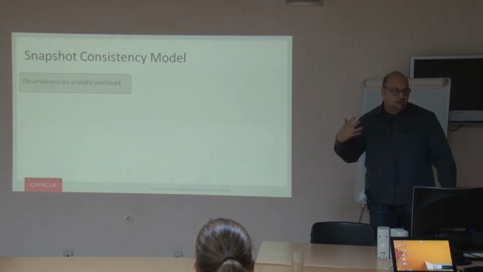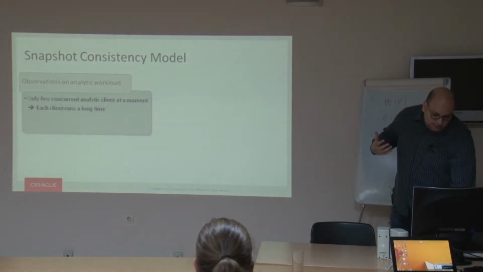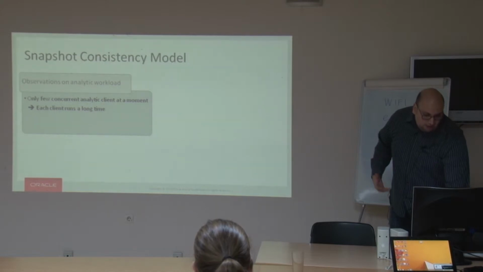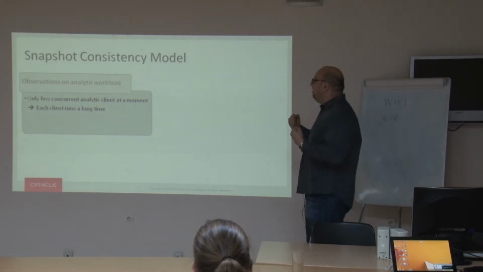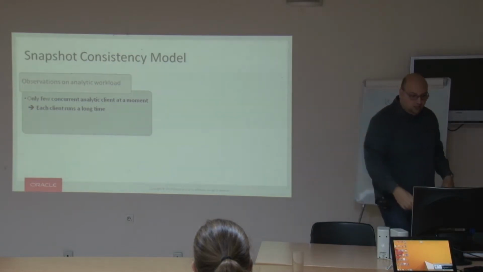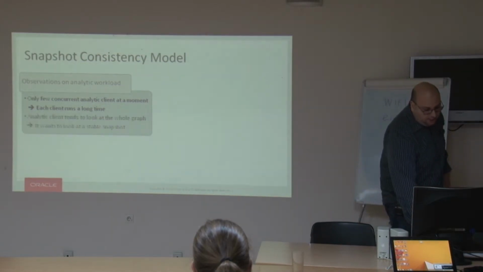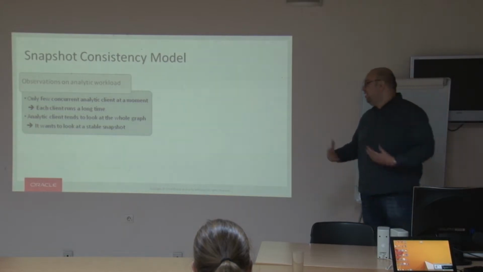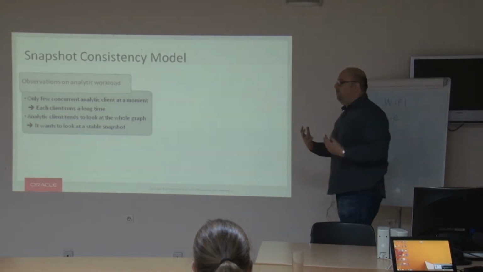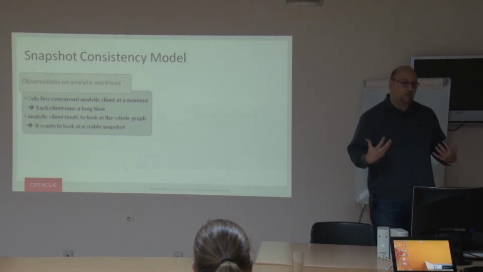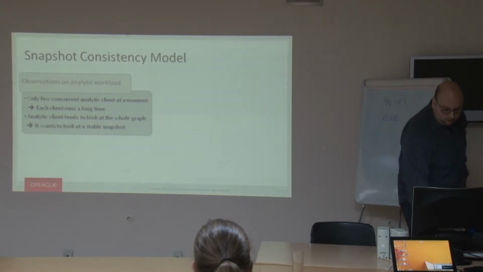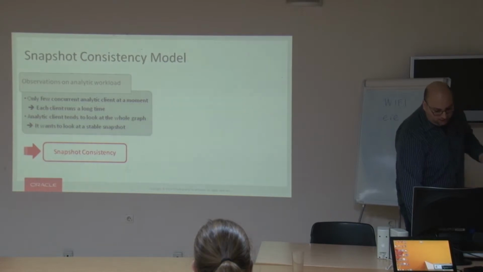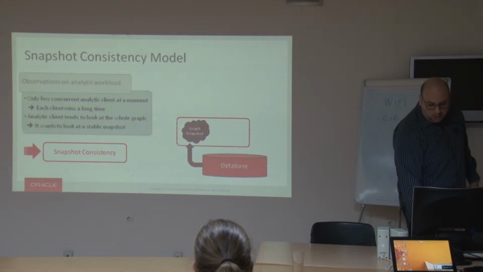But at least on the analytical side, the implication is basically a snapshot consistency model, because we assume only a few concurrent analytic clients at a moment are running, and each client runs for a long time. These analytic clients tend to look at the whole graph, so they want a stable snapshot. All these algorithms are defined for essentially an unchanging graph. So this implies to us to provide some kind of snapshot consistency.